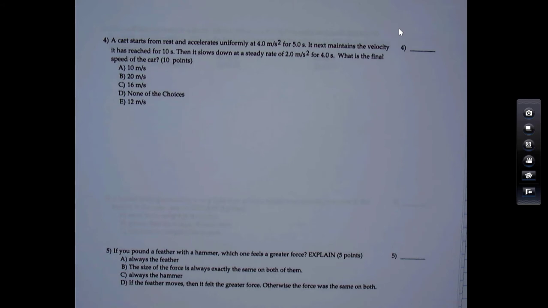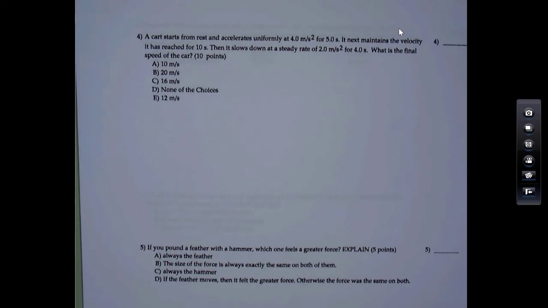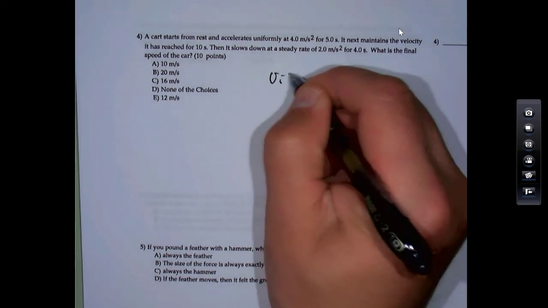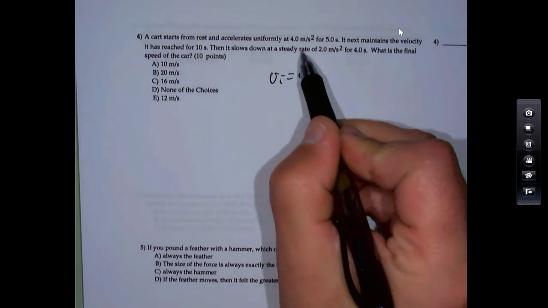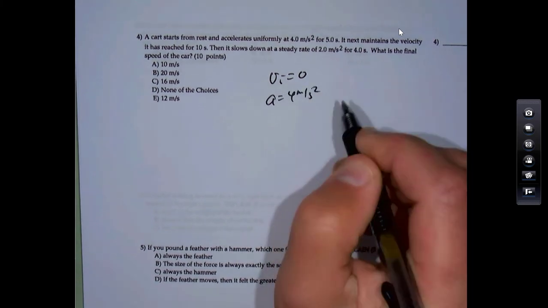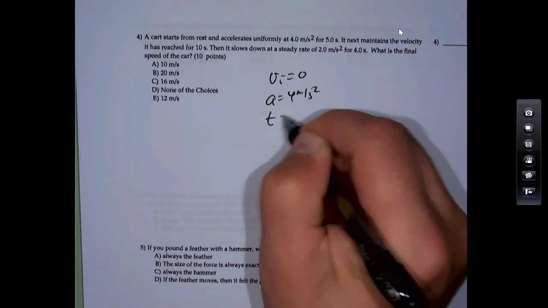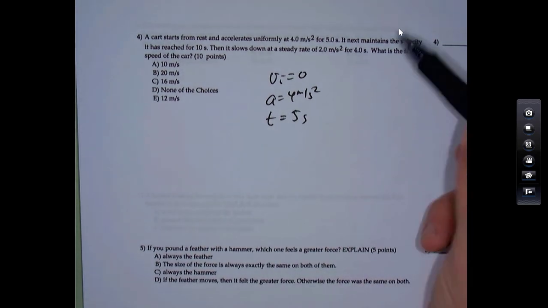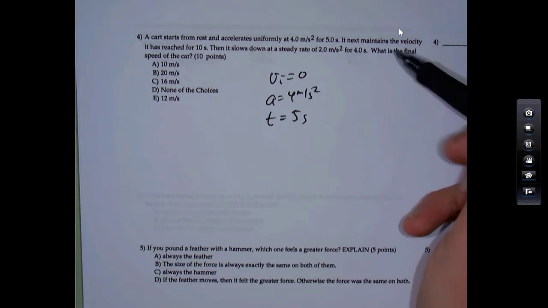All right, let's take a look at the next one then. A car starts from rest. Okay, so it starts from rest. Initial velocity is 0. And accelerates uniformly 4 meters per second squared for 5 seconds. It then maintains the velocity it's reached for 10 seconds.